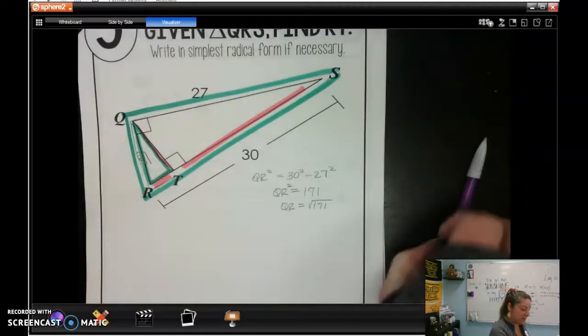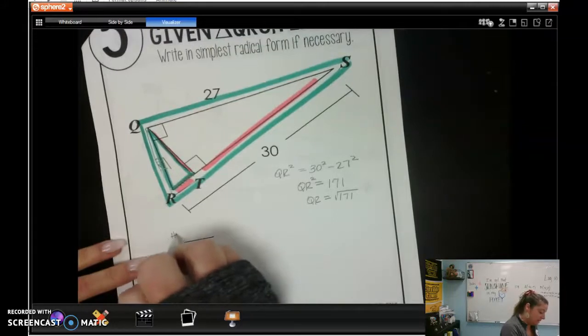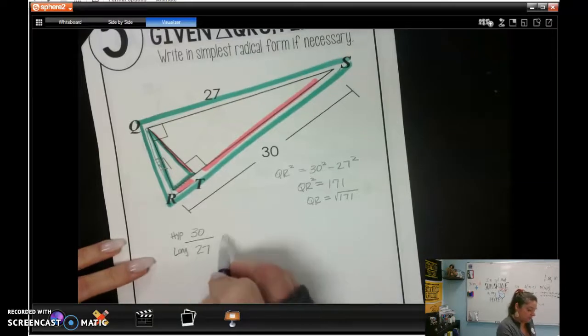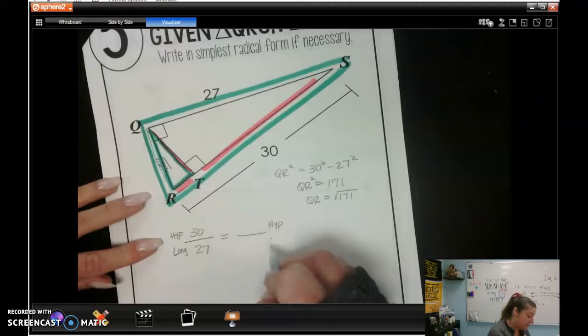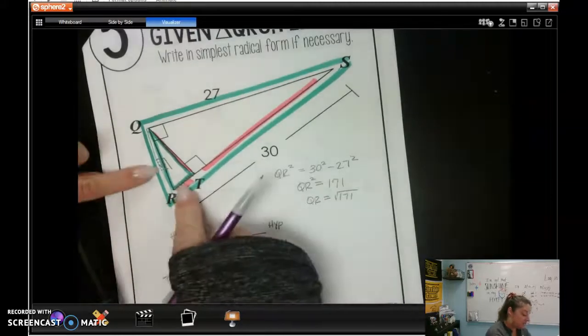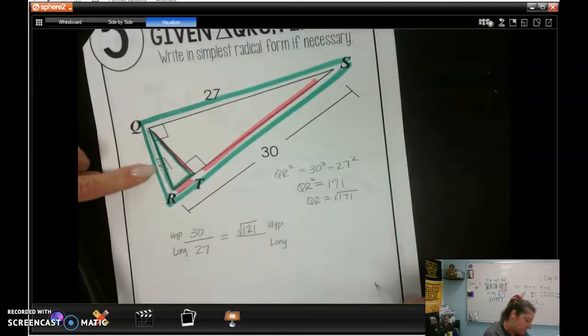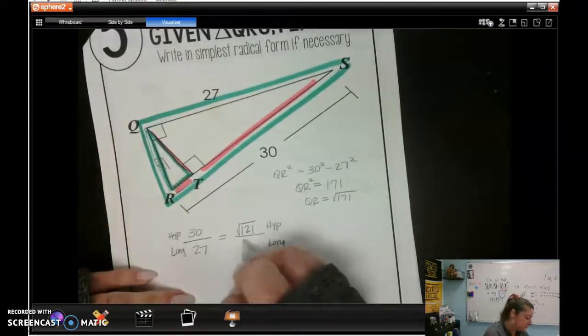So when I go to set up my proportions, let's put the hypotenuse and the long side of the big triangle, so 30 and 27, equal to the hypotenuse and the long side of that little triangle. So that's going to be the square root of 171, and the long side of this triangle is going to be QT.